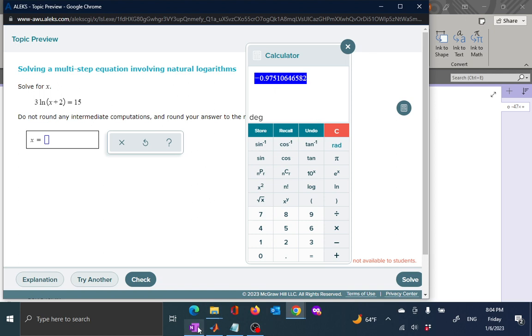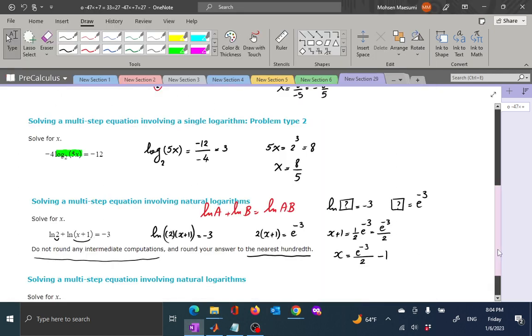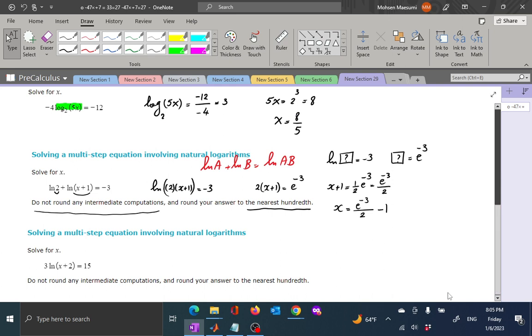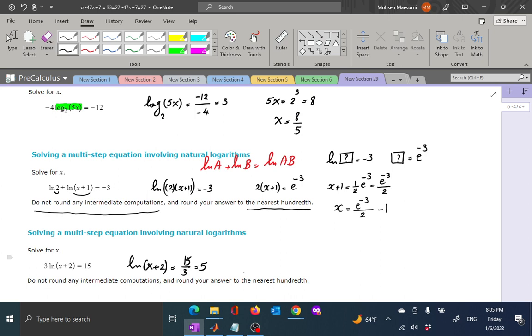Similarly, we had another question here, which was 3 logarithm of x plus 2 is equal to 15. We divide both sides by 3 first. So I'll have logarithm of x plus 2 equal to 15 over 3, which is 5. Logarithm of something is 5. What is that quantity? x plus 2 is going to be the exponential of 5, and then x is going to be the exponential of 5 minus 2.